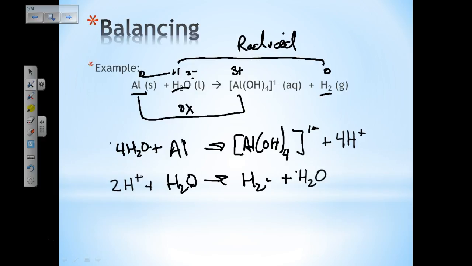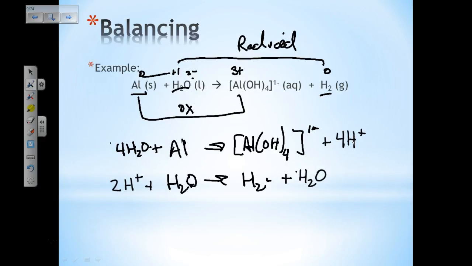Now this is the trick: we're going to use hydroxides to cancel out the hydrogen ions. But we've already balanced this half reaction. If it's already balanced, when we add hydroxides, we want to add them to both sides so that the balance isn't messed up.